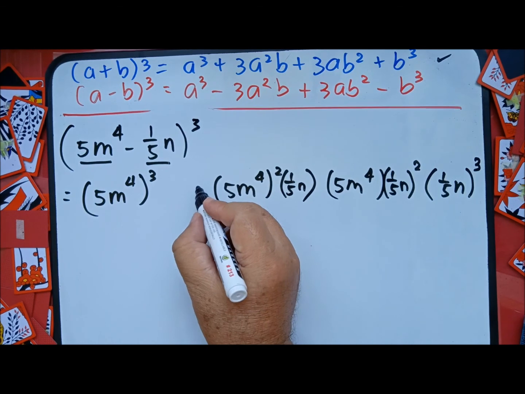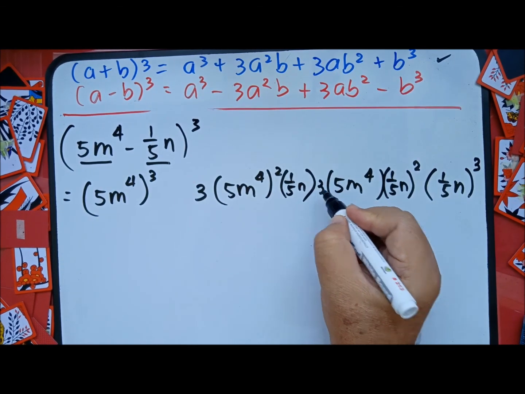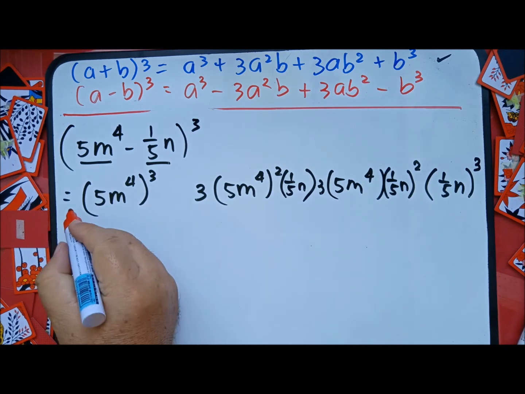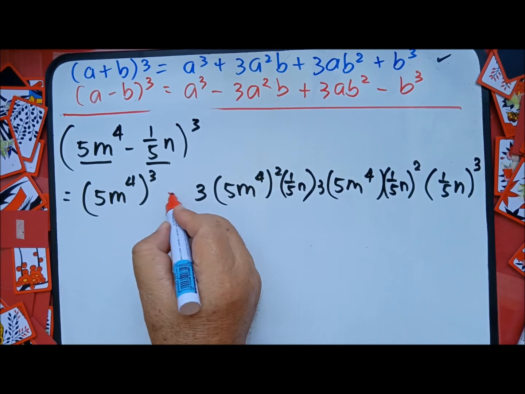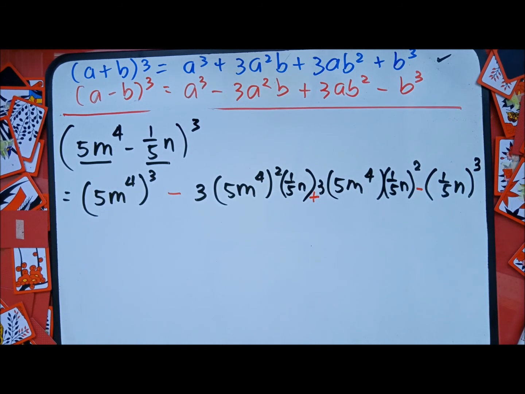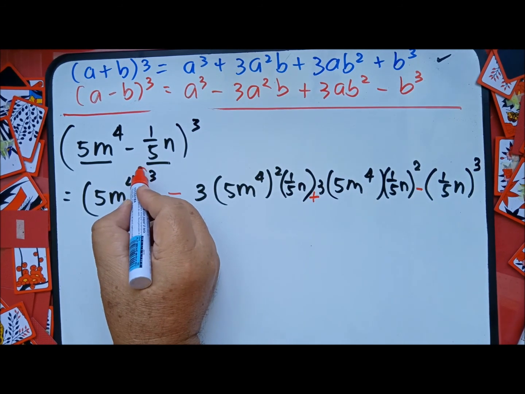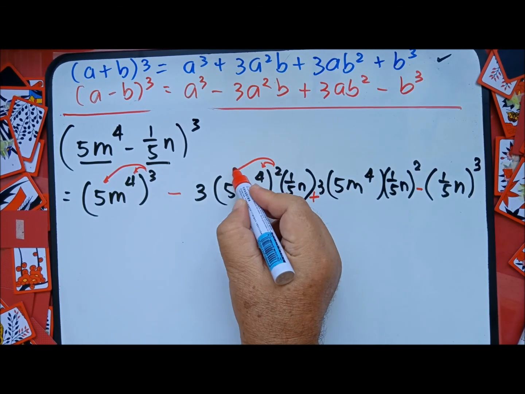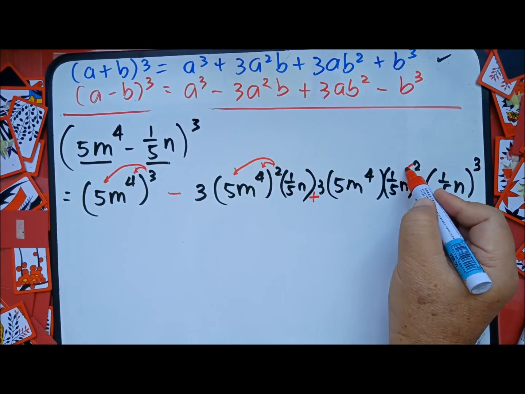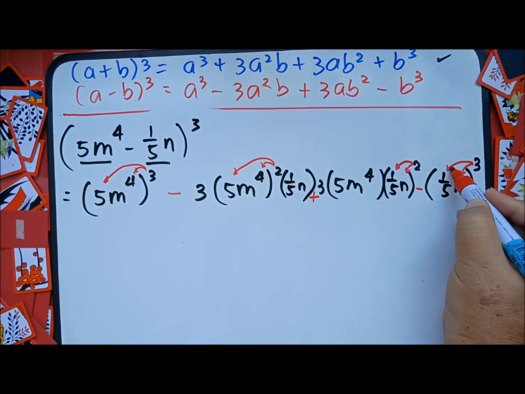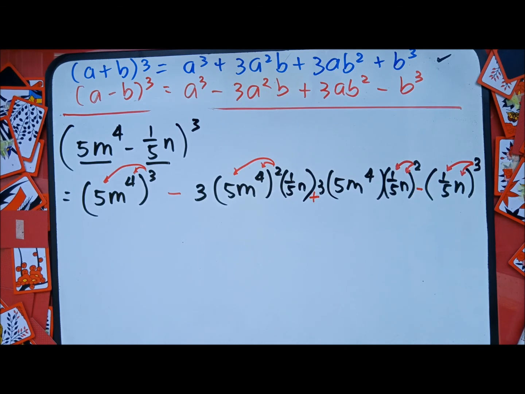Next, add 3. Next, what will be your sign? Since this is negative, this will become positive, negative, positive, negative. Now, simplify. Distribute.